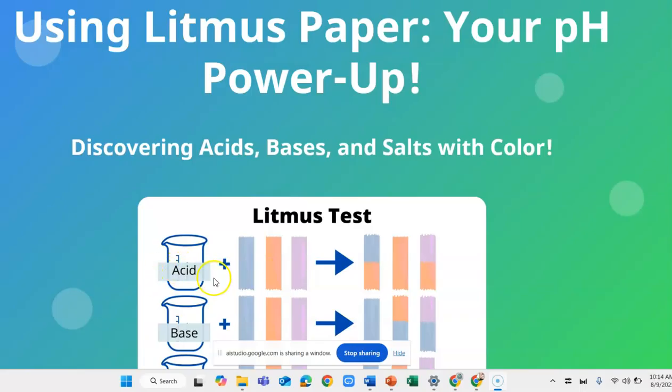So if you're going to analyze the image, if you have here an acid, you're going to dip a blue litmus paper, it will turn to red.